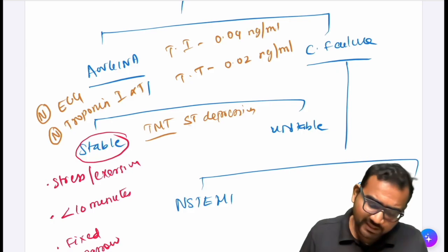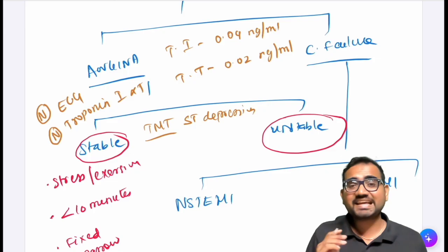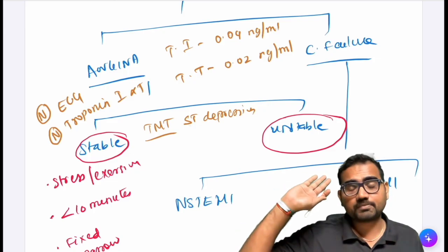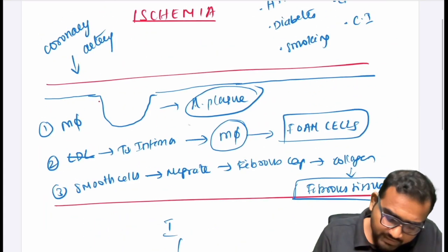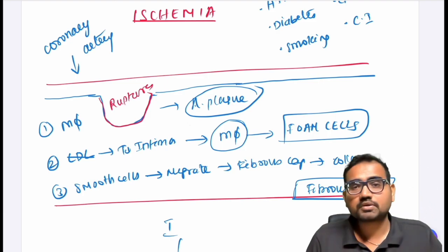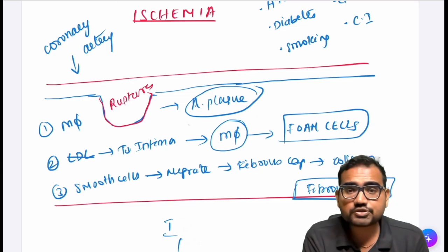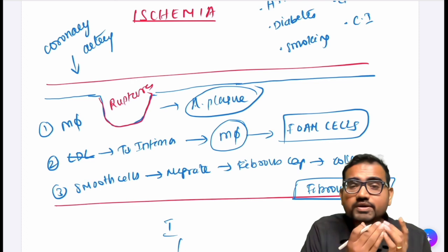Now coming to unstable angina. As the name indicates, there is rupture of the atherosclerotic plaque. Imagine that this atherosclerotic plaque ruptures. The fibrous cap which is covering the atherosclerotic plaque breaks. Once it breaks, what is the body going to do?